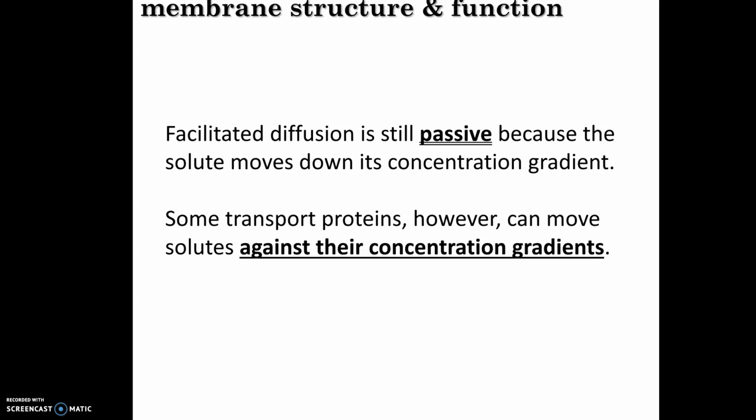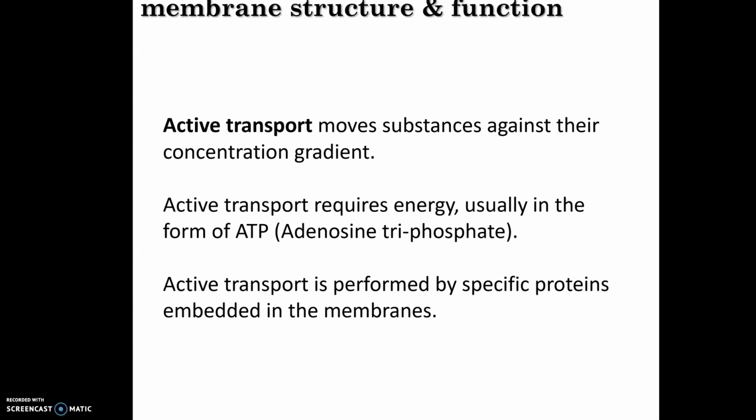But there are some transport proteins that will move solutes against their concentration gradients. These are going to need a little bit of help in order to move against their concentration gradients, going from low to high. This is called active transport.